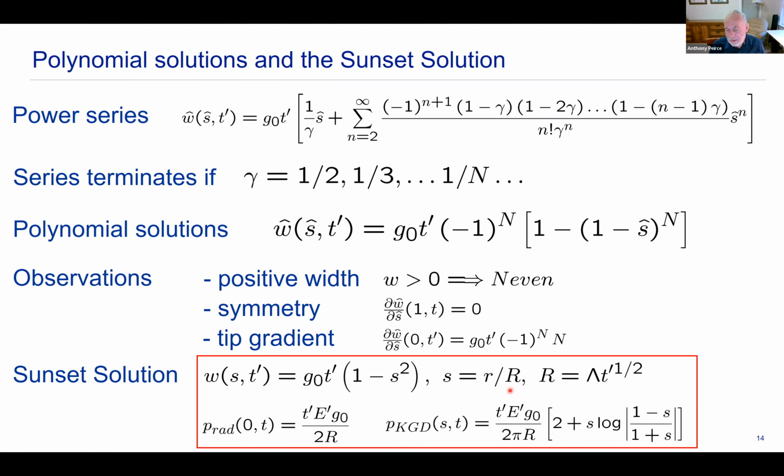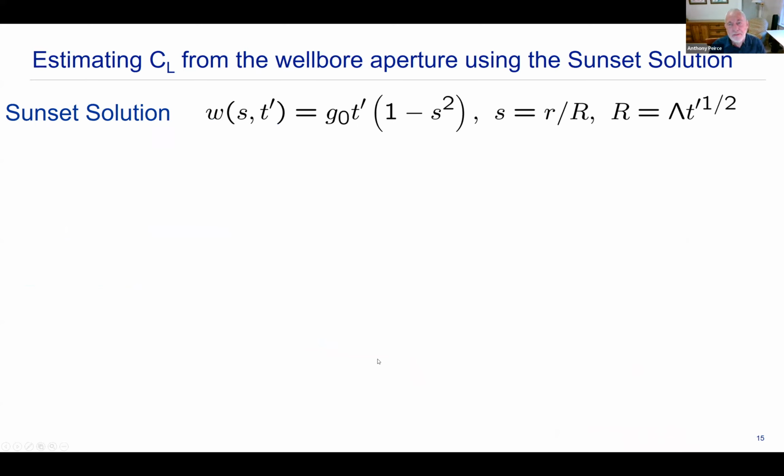We can extract the pressure explicitly for the KGD case and at the wellbore for the radial case. So, estimating CL from the wellbore aperture using the sunset solution. Imagine a thought experiment where we could measure the rate of decay of the width. That means taking dw/dt here.